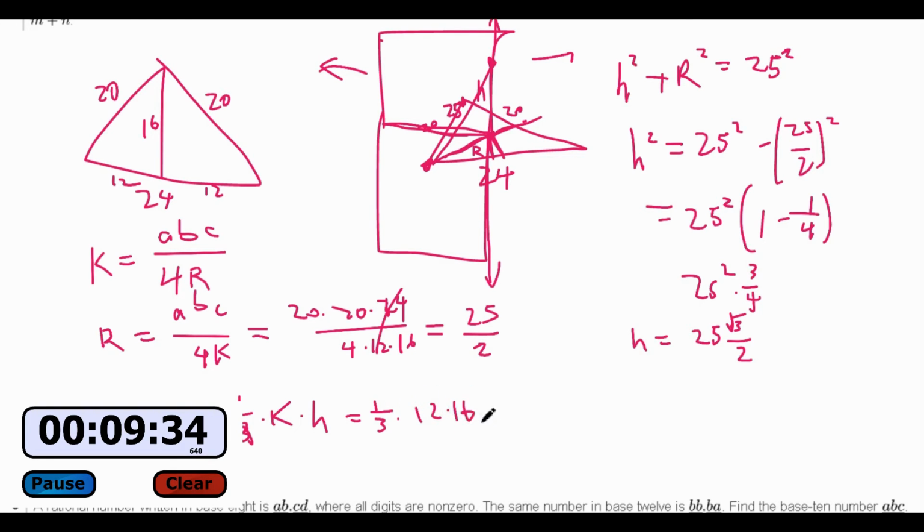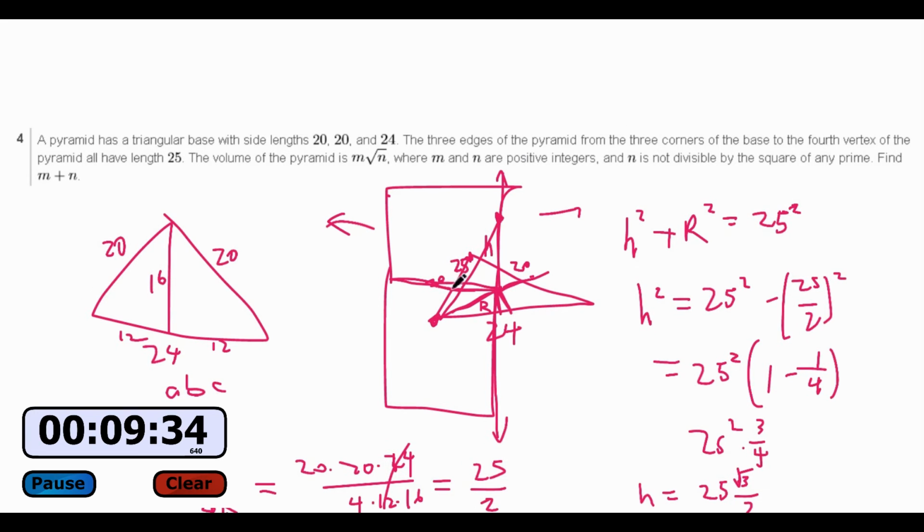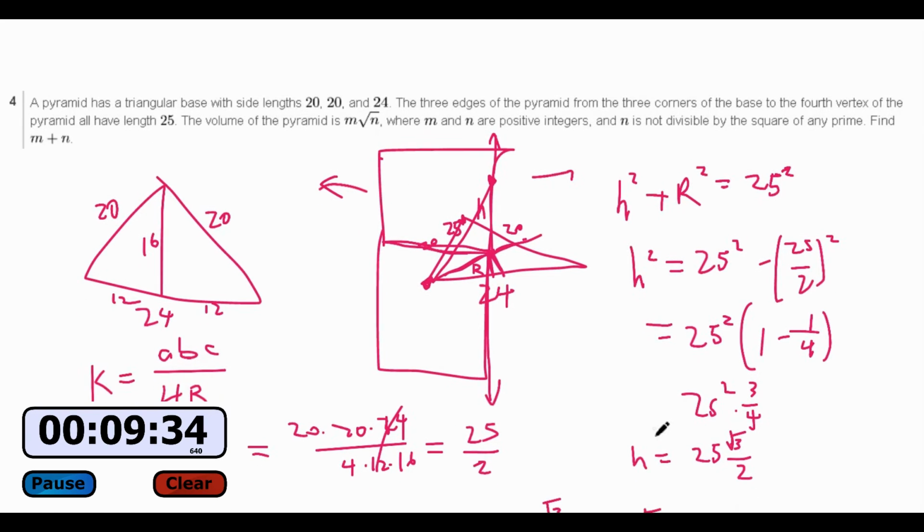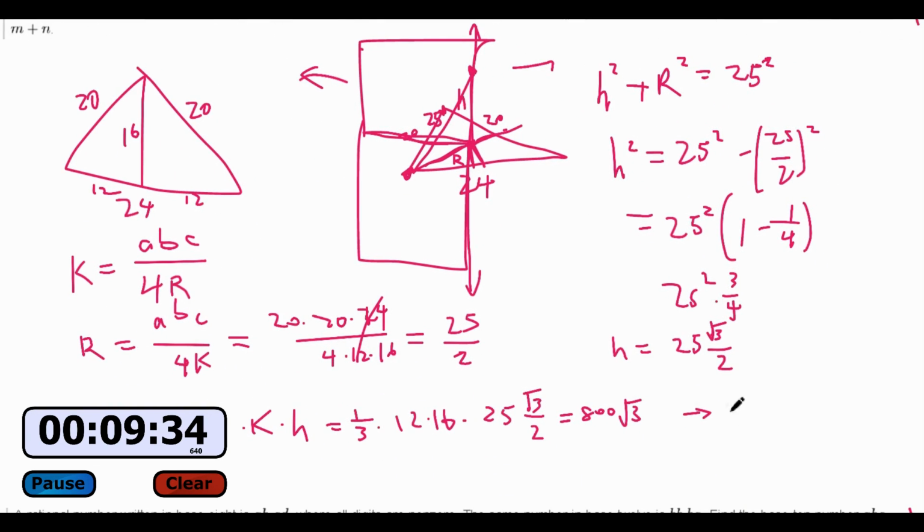So K is 12 times 16, h is 25 root 3 over 2, and this turns out to be 800 root 3, which means that our final answer format is m root n, and we want to find m plus n, so our final answer is going to be 803, and we are done.